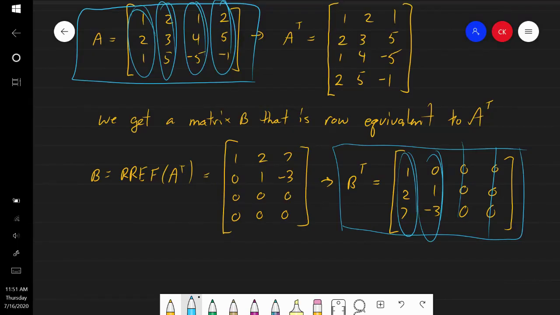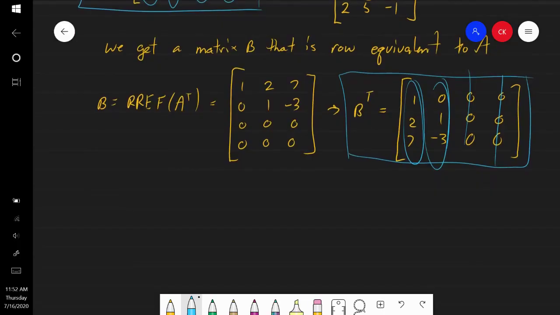So what we would generally do then to compute this is to do something like RREF of A transpose and then just transpose it back one last time. So we now have a new set of vectors that produces the same column space, but does it with fewer vectors. In other words, 2 of the 4 vectors are not needed to produce the space.